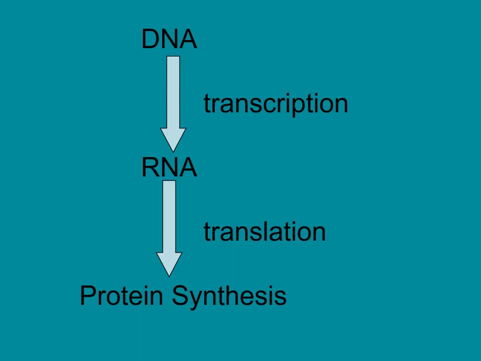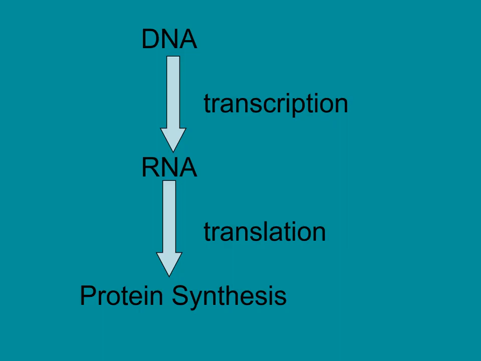DNA is going to be used as a template to make RNA, and that process is called transcription. You're simply copying the information from one source to another. RNA is then going to be used as a template to make proteins in the process called translation.